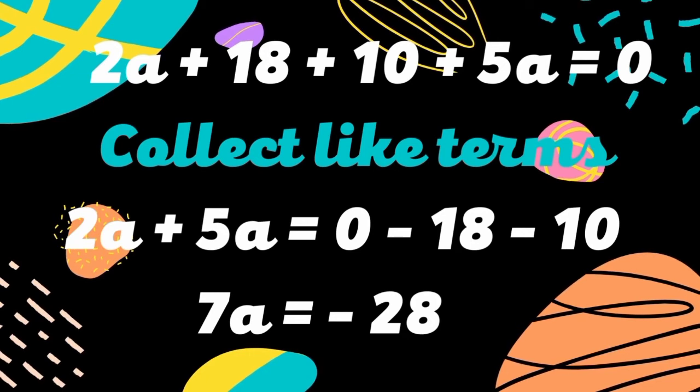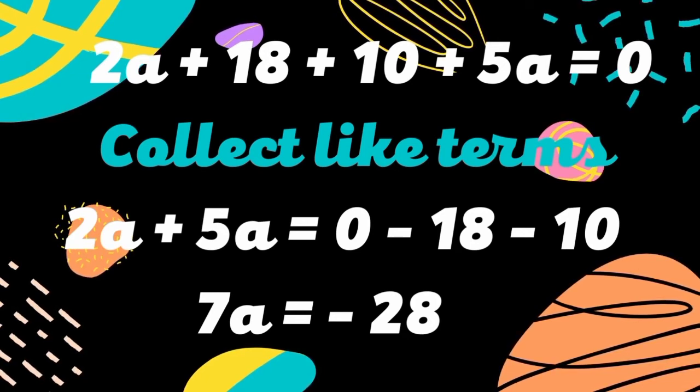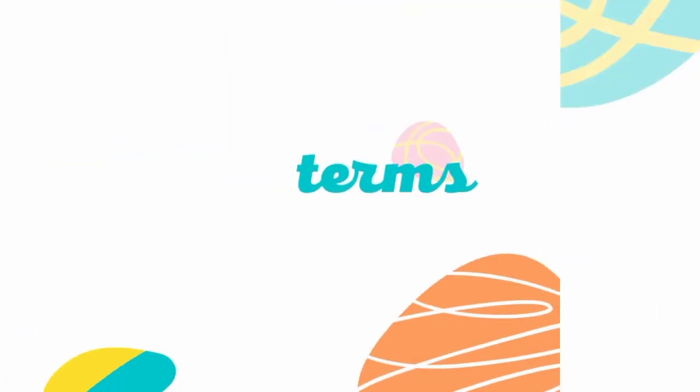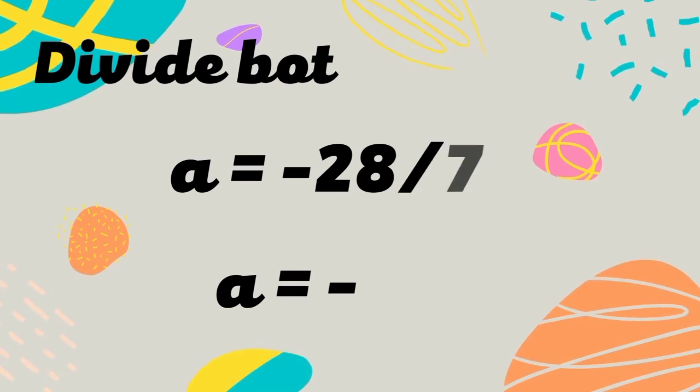After which, the next step is to collect like terms. And when we collect like terms, we have 2a plus 5a equals 0 minus 18 minus 10, which will give us 7a is equal to minus 28. Now that we have gotten 7a equals minus 28, the next step is to divide both sides by 7.